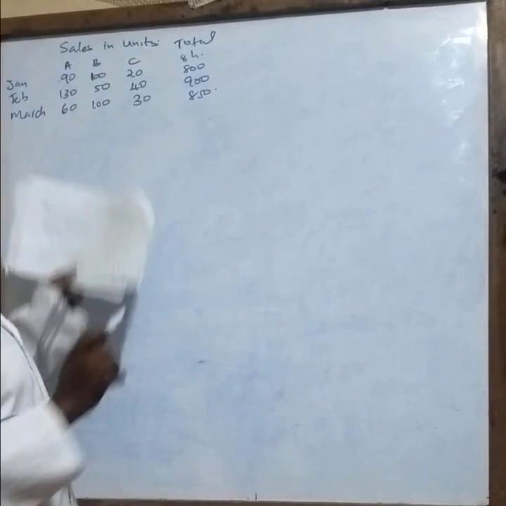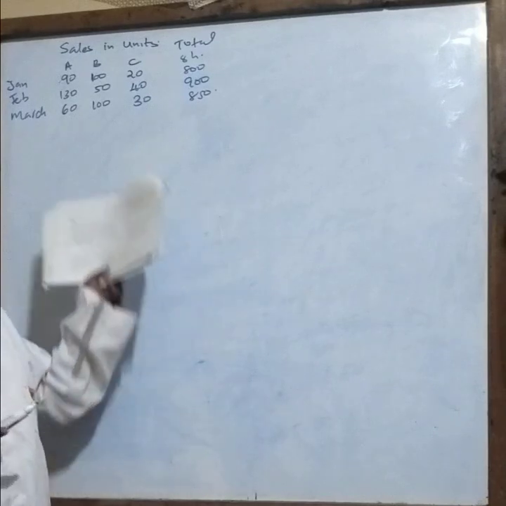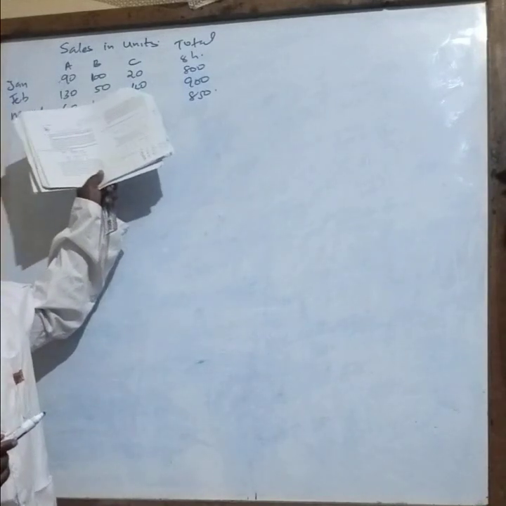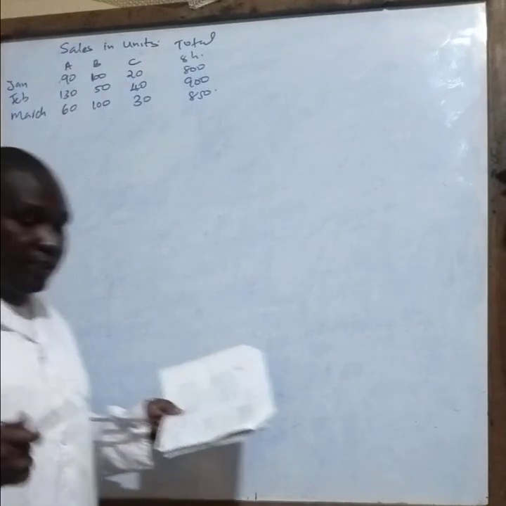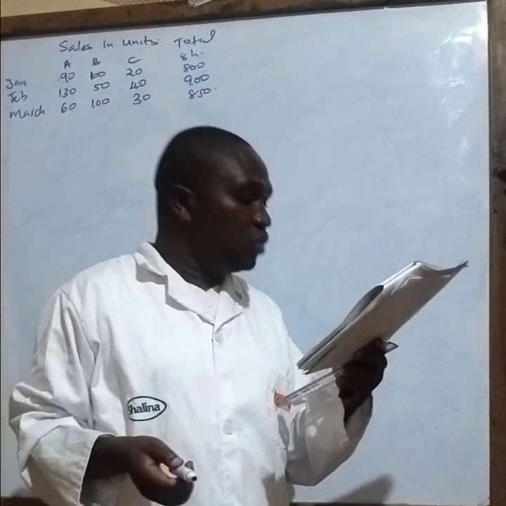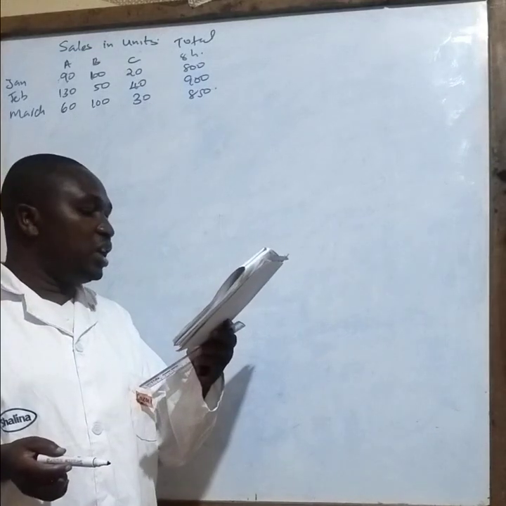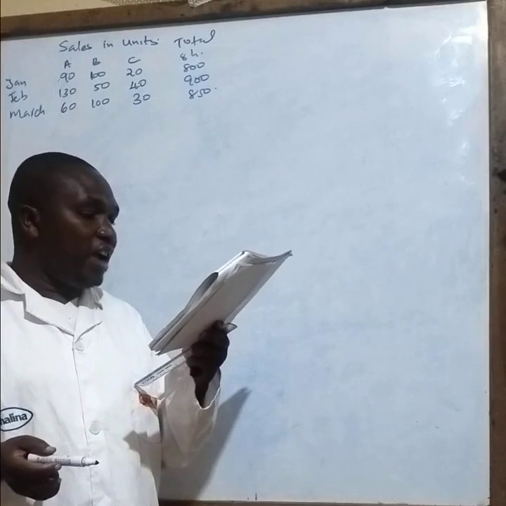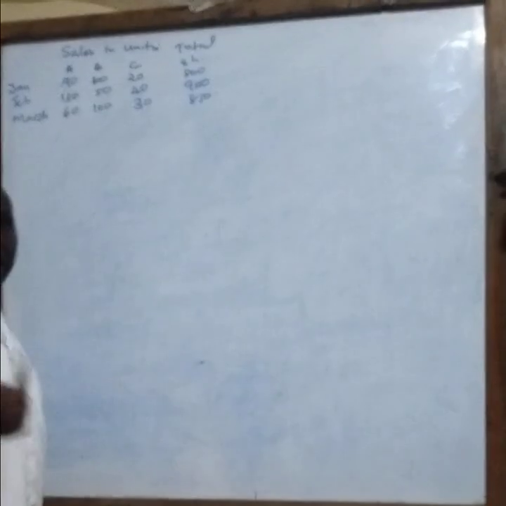For example, there was a commission for sales of A, a commission for sales of B, and a commission for sales of C. So this person was getting commission based on the units that have been sold. The question says, using the matrix method, find out the rates of commission in shillings on items A, B, and C.